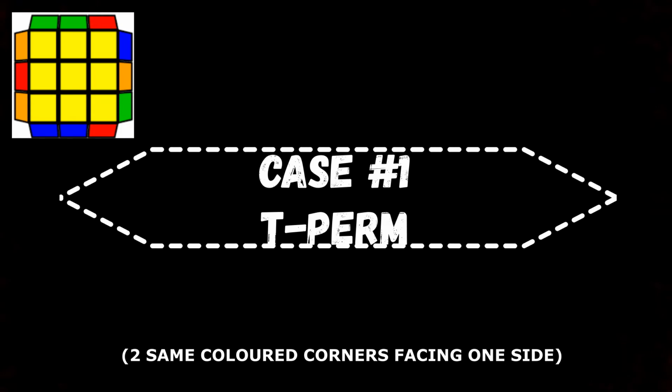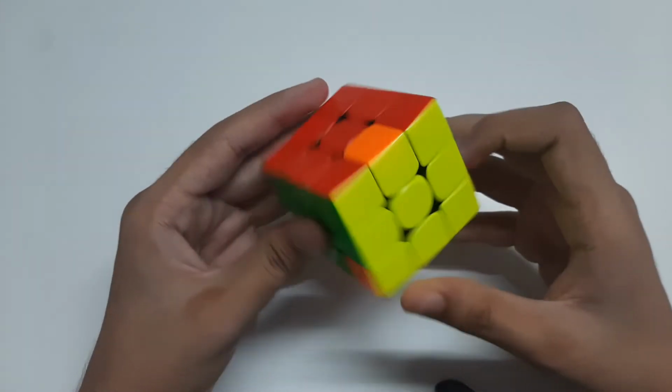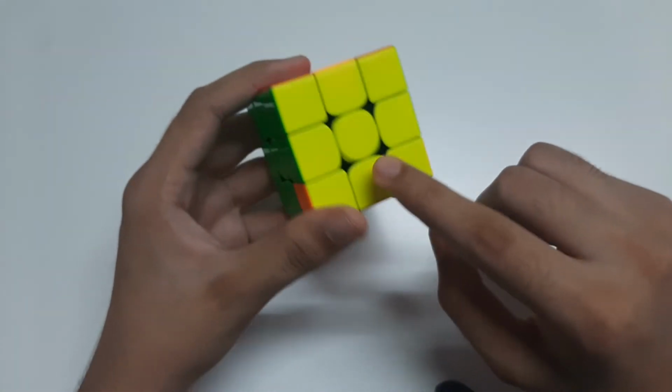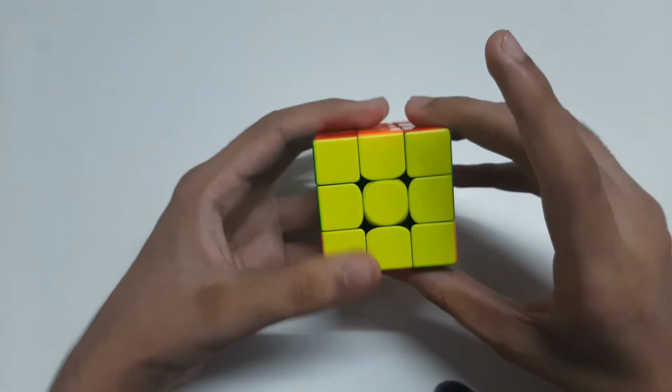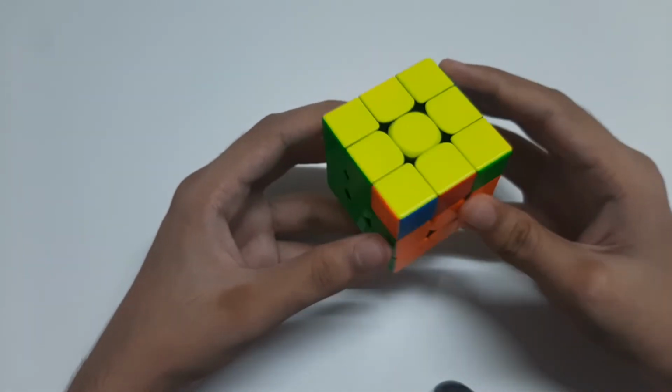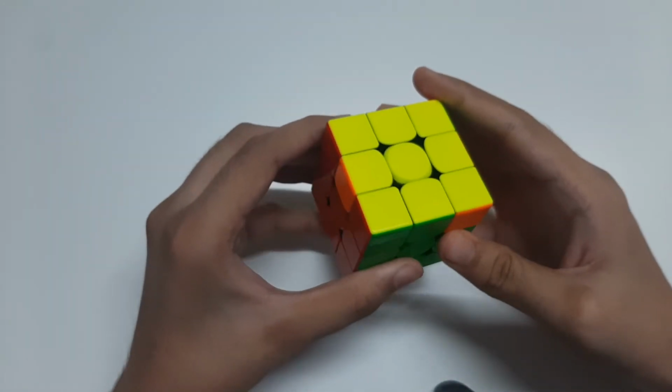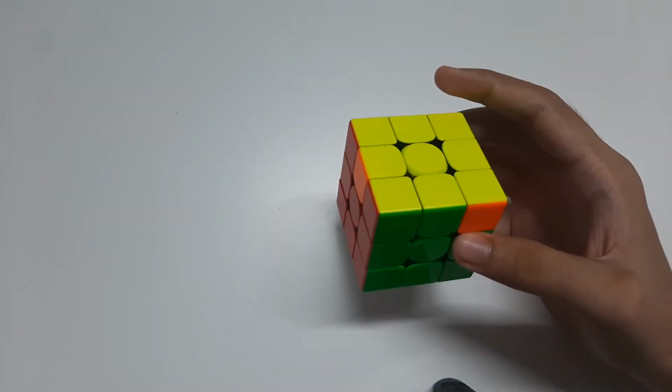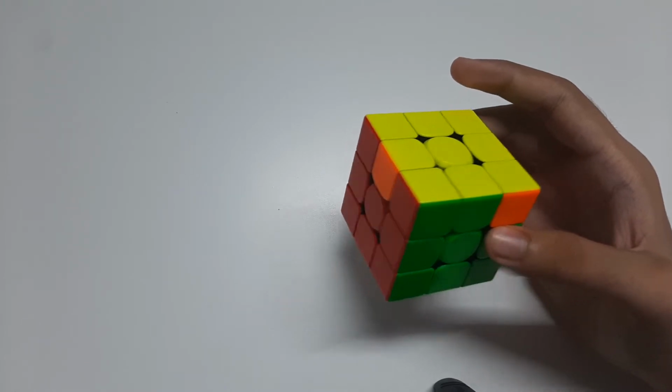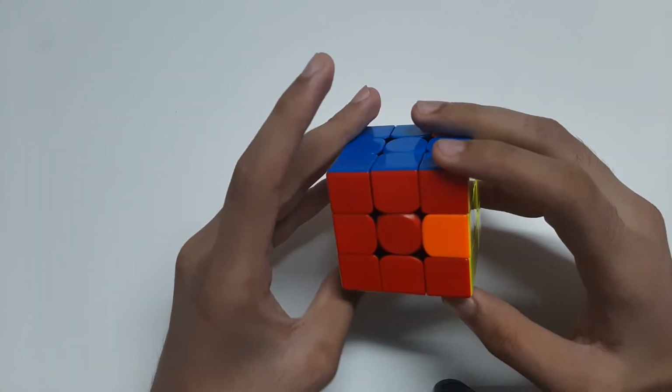This is the first case I'll be talking about, and it is known as the T-perm because the edges and the corners form a T. You can identify this case because two corners are solved.